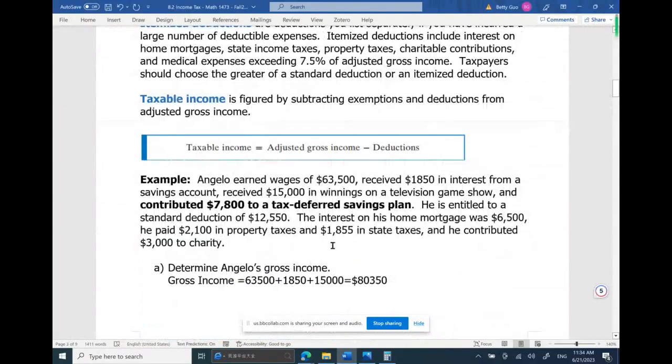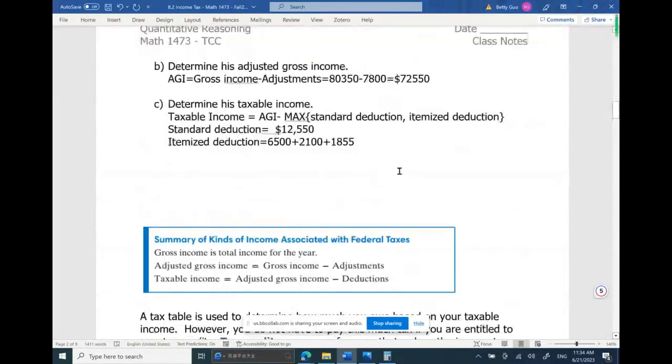Those are itemized deductions as well. 2,100 in property tax and 1855 state taxes. And he contributed 3,000 to charity. That is an itemized deduction as well. So 3,000 charitable contribution.